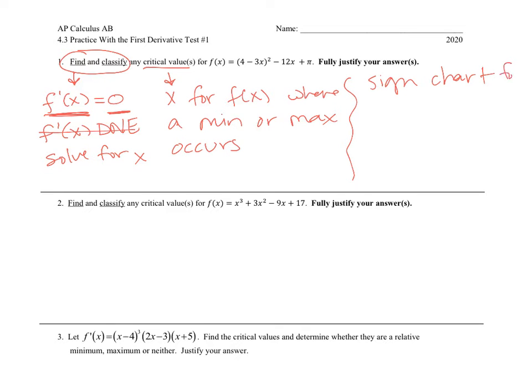And that sign chart is specifically for f prime of x. When you create that sign chart for f prime of x, whatever x values you found as your critical values are the x values that go on your sign chart, okay?